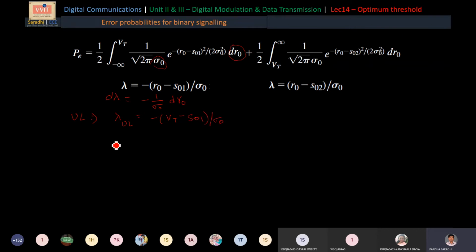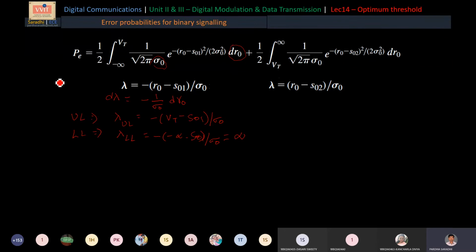Now the lower limit. For the lambda lower limit, you substitute minus infinity in place of r naught, which becomes plus infinity.